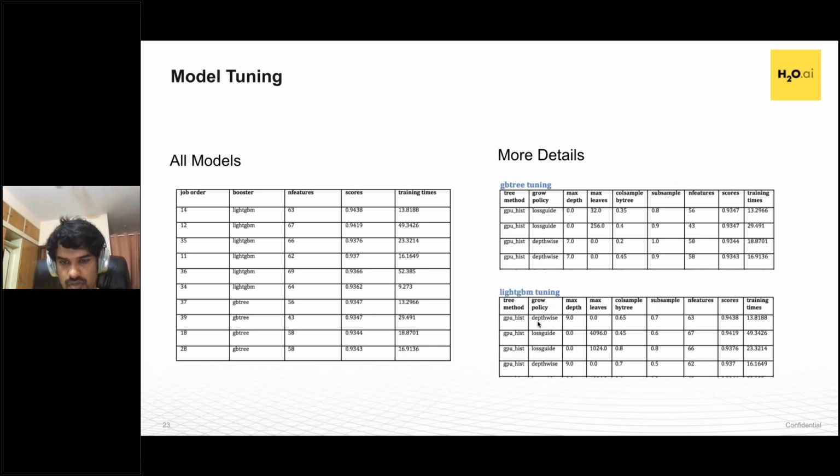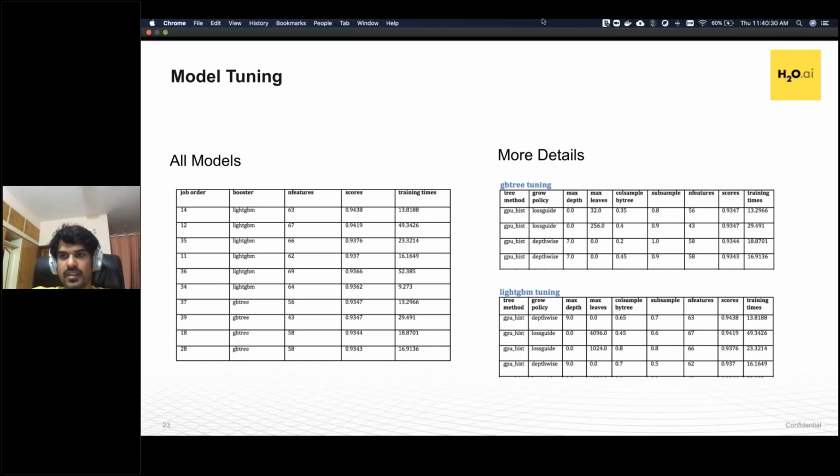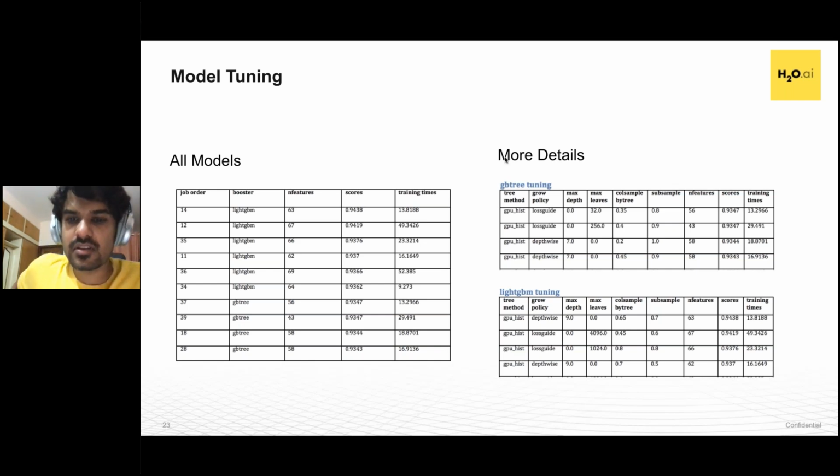The growth policy for the first one was depth-wise, the next two were loss guide, and the last one again was depth-wise. And you get the other parameters as well that were tried to tune the model. So after tuning the model, you finalize which is the final model and what are the final hyperparameters which you want to use.